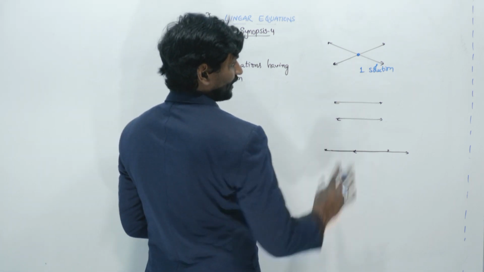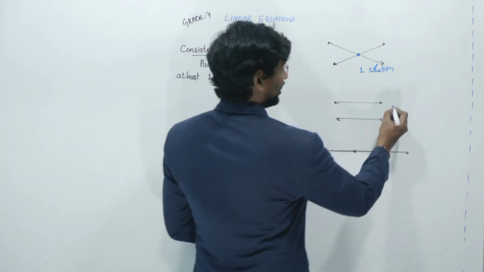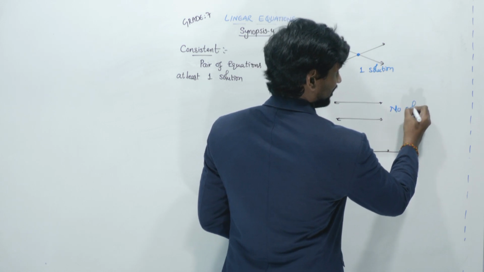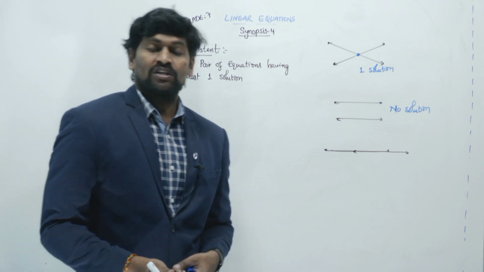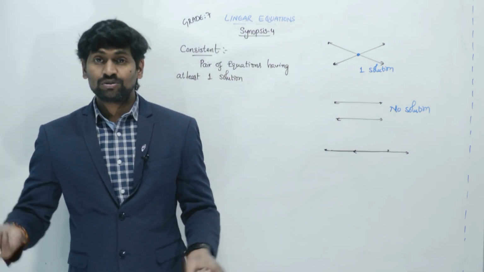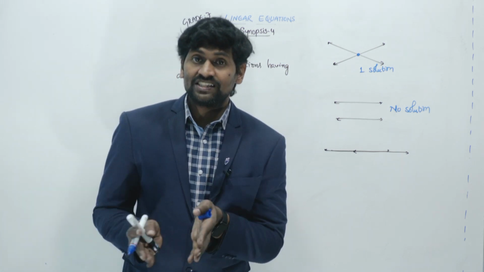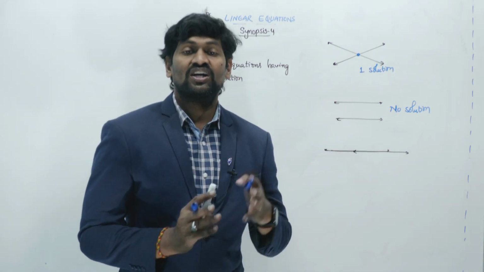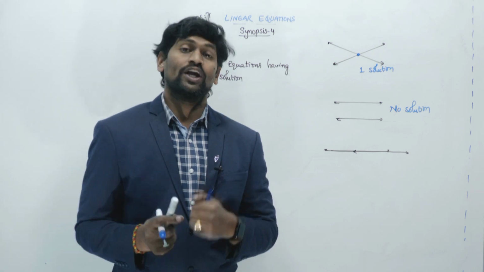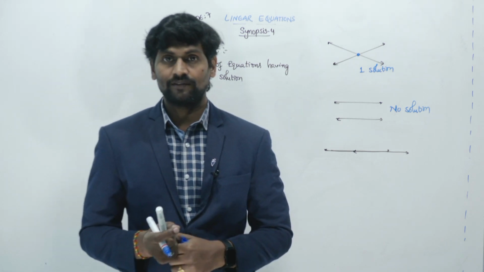Coming to parallel lines, these two never touch, so there is no solution. If 2 equations are not getting any solutions, we should consider that they represent parallel lines. That means we are not able to find the x value and y value.